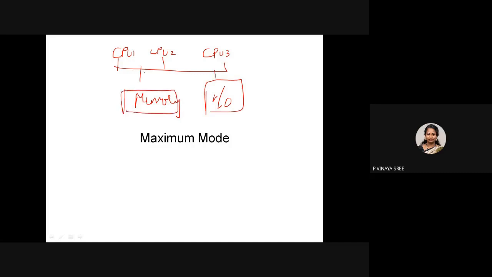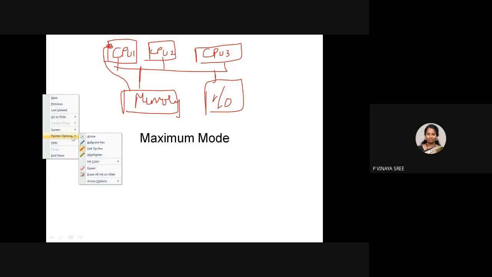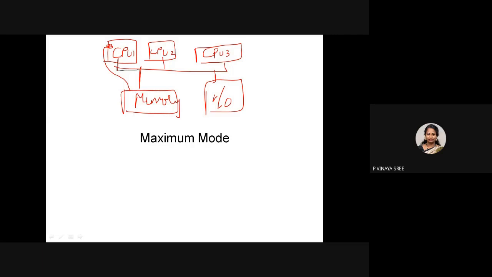Try to understand, you can understand this concept if you know this clearly. If one processor, let us consider CPU 1, is using the system bus for executing some instructions present in memory, the processor will go for a lock, indicating that the other processors should not give a request.